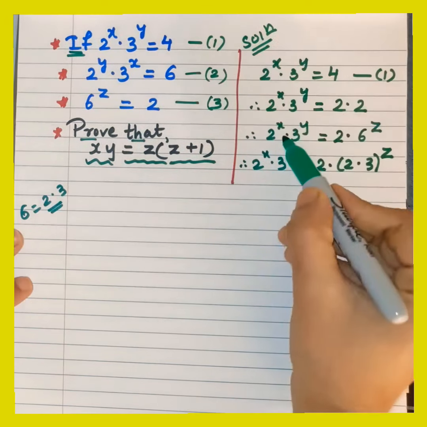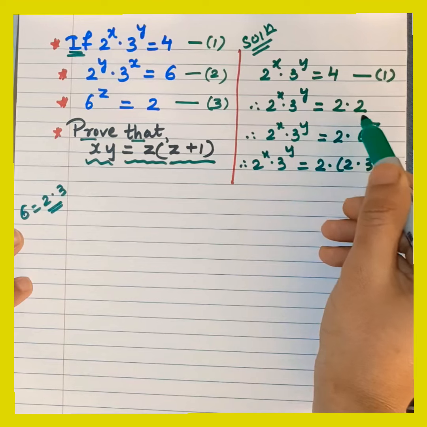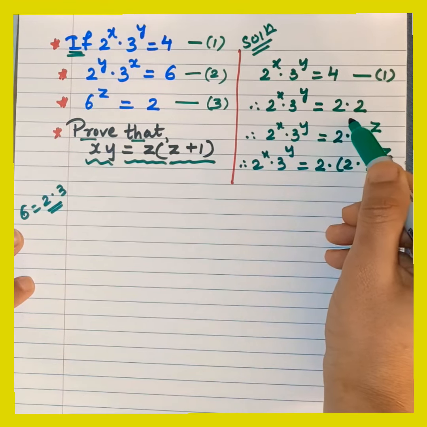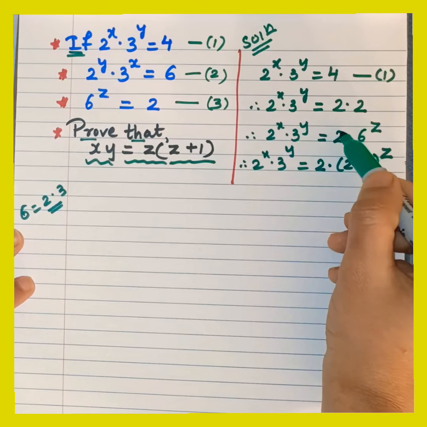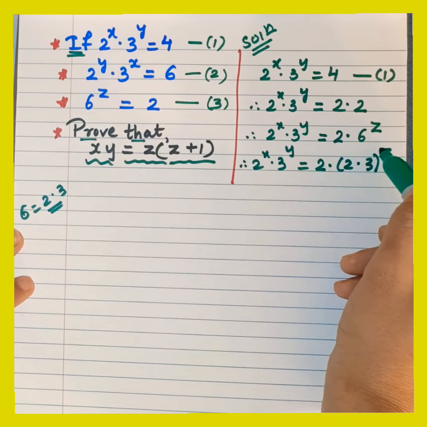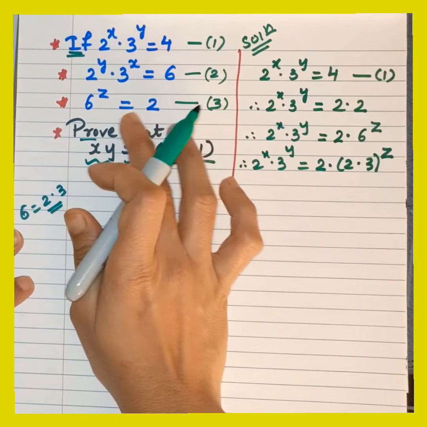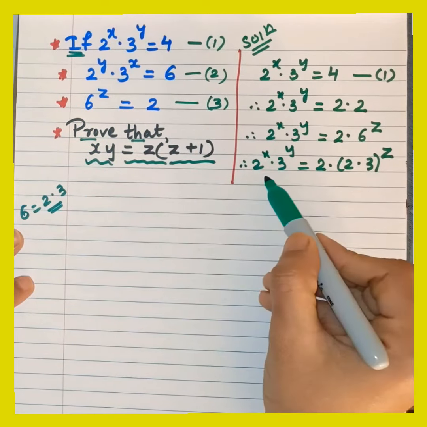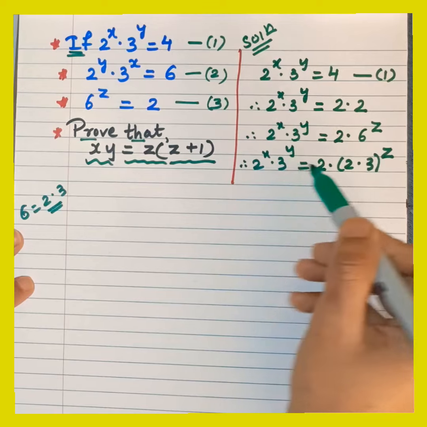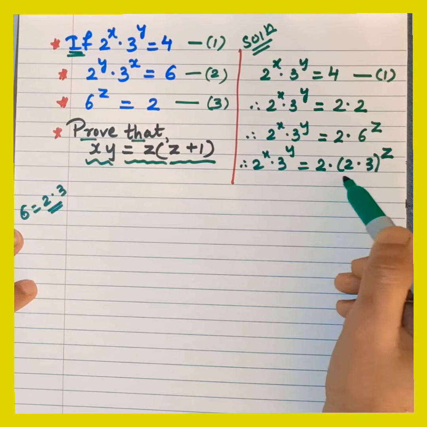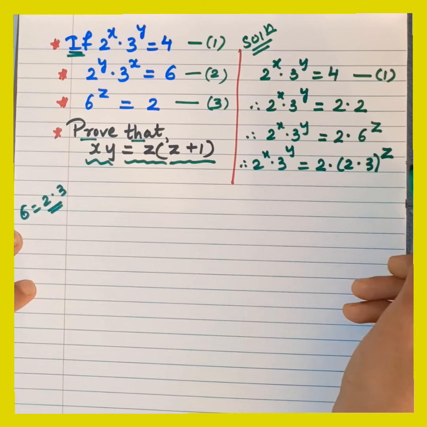This 4 I have written as 2 into 2. And here, in place of the second 2, I have written 6^z, because in the third equation, 2 can be written as 6^z. So we are getting 2^x · 3^y = 2 · (2 · 3)^z, where in place of 6 I have written the factors of 6, 2 into 3, and that whole raised to z.